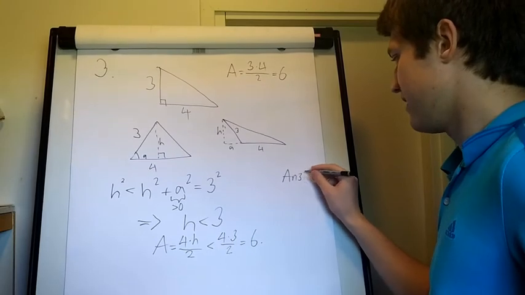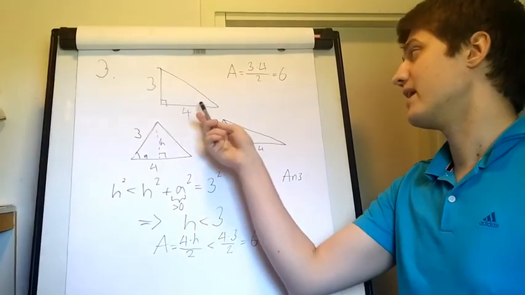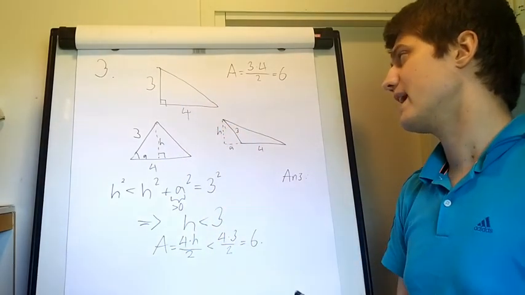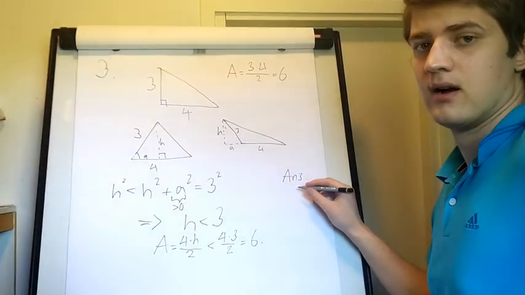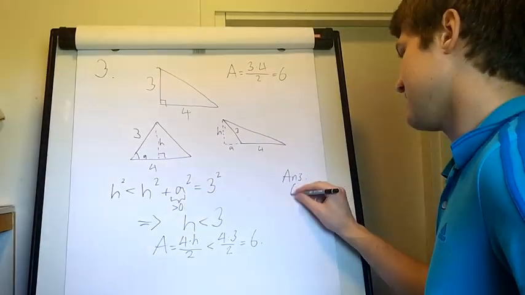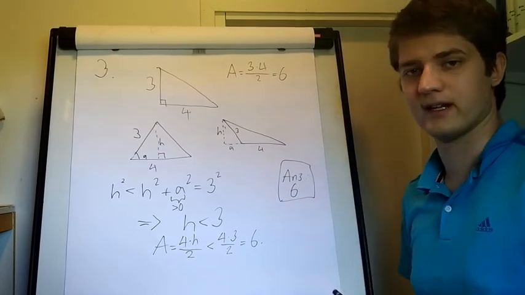And since we have now proven that all triangles satisfying the conditions, having a side of length 3 and a side of length 4, all have an area of 6 or less, this is our final answer.